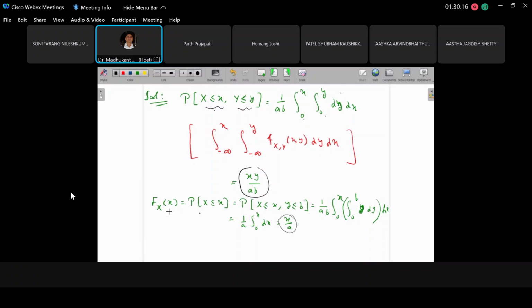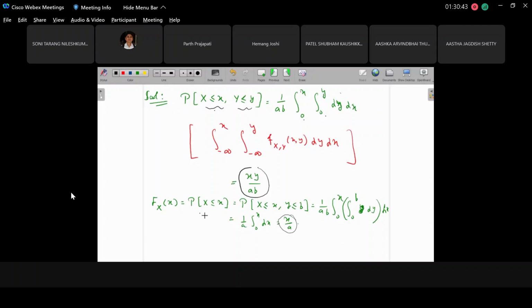Now, can you also verify that this Fx of x, all the steps are written here? Can you verify all the steps are correct here, that marginal density, marginal CDF? Yes, sir.